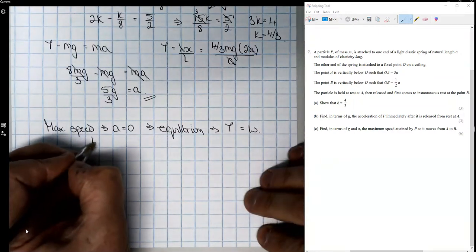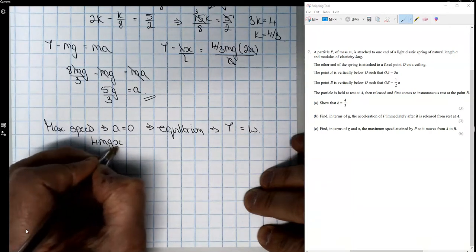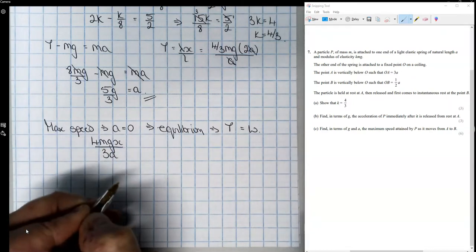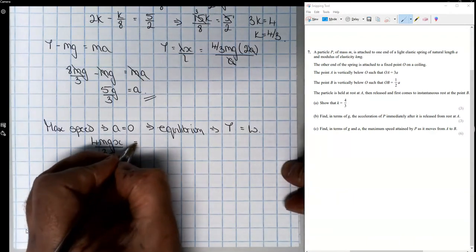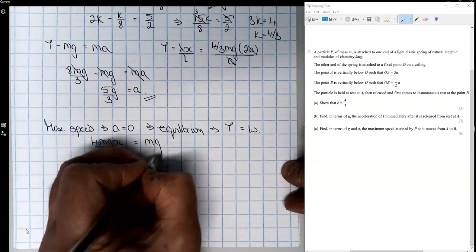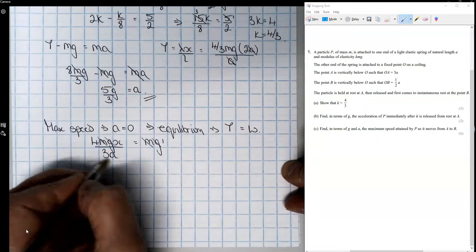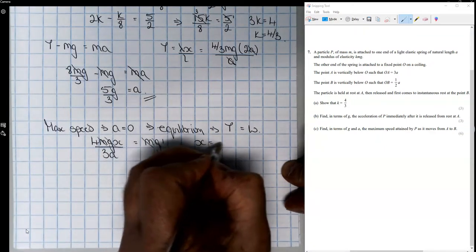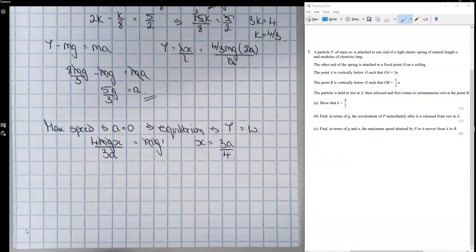We know the tension is 4mgx over 3a. Okay, and that equals mg. And get rid of the m and the g, just to leave the 1 here, times by 3a and divide by 4. So we've got the value of x.